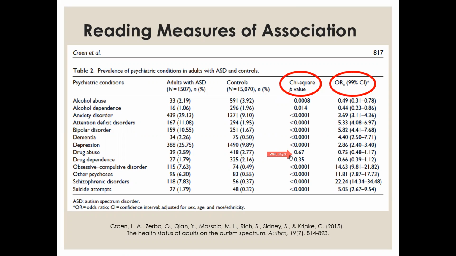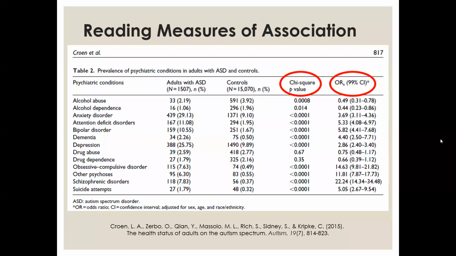Where we look at alcohol abuse, dependence, anxiety, attention, bipolar, dementia, and then we stop and we go to OCD, psychoses, schizophrenia, suicide attempts, those differences in adults with ASD and controls are statistically significant, right? They're more than just chance.